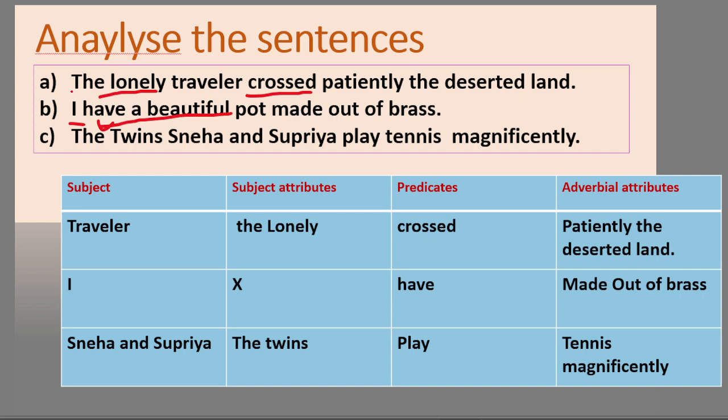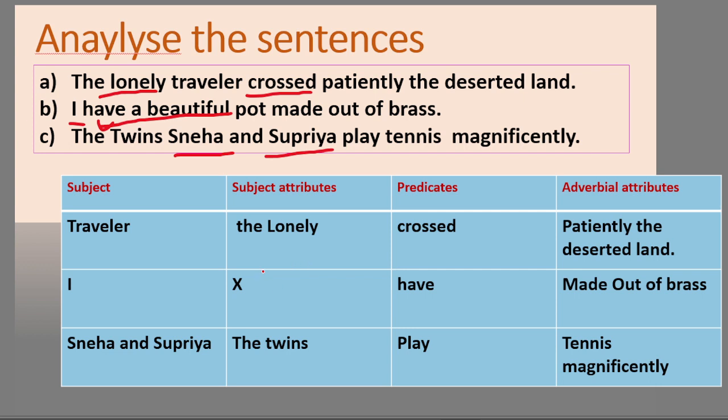The twins, Sneha and Supriya, play tennis magnificently. So in this sentence, we have two subjects and what are they? Twins. The word twins is describing these two subjects, telling us about their quality. Sneha and Supriya, they both are twins.